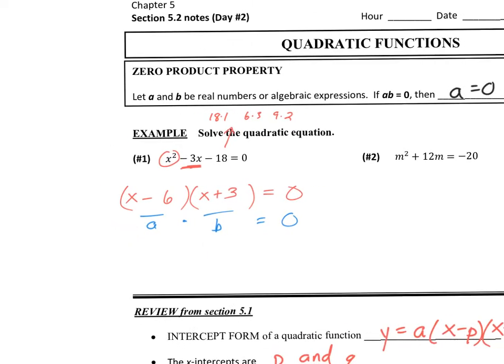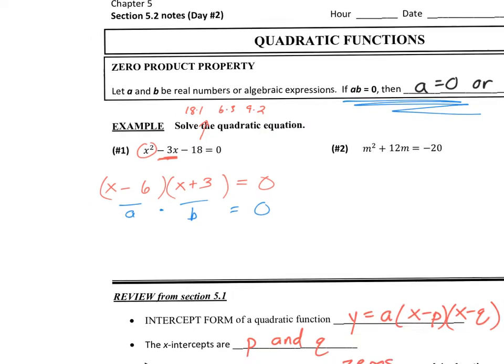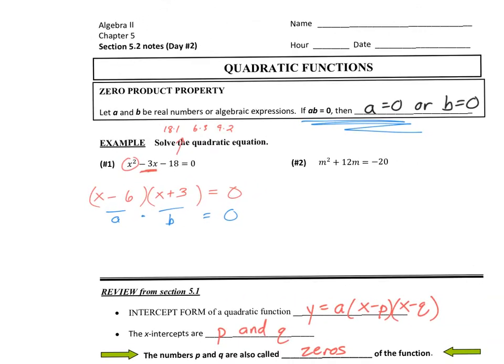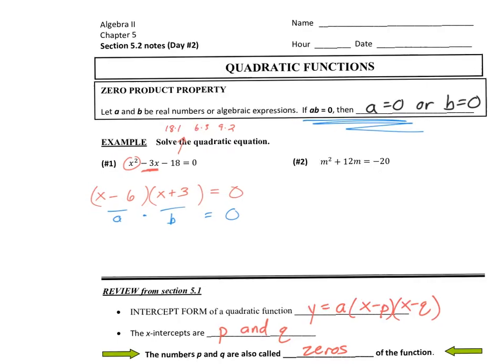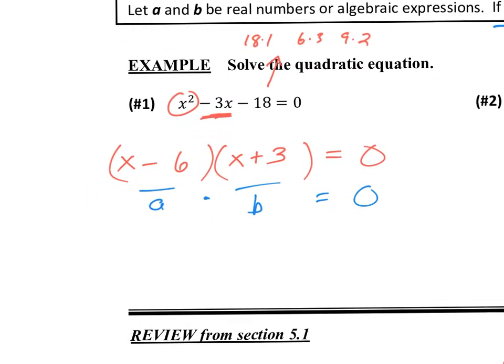So it's the same thing we had up here, right? Up here, it says A times B equals 0. Either A is 0 or B is 0. So using that same property, down here we have x minus 6 times x plus 3.